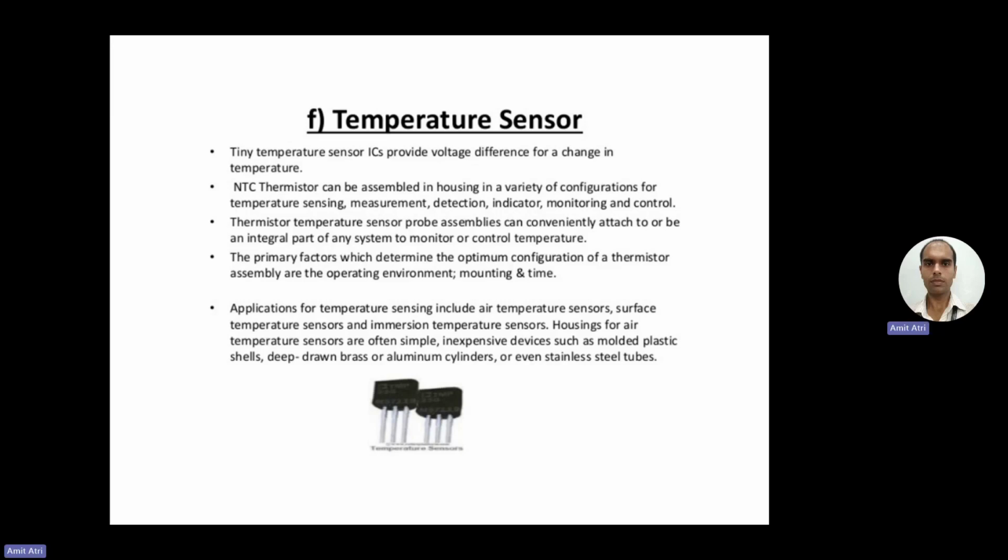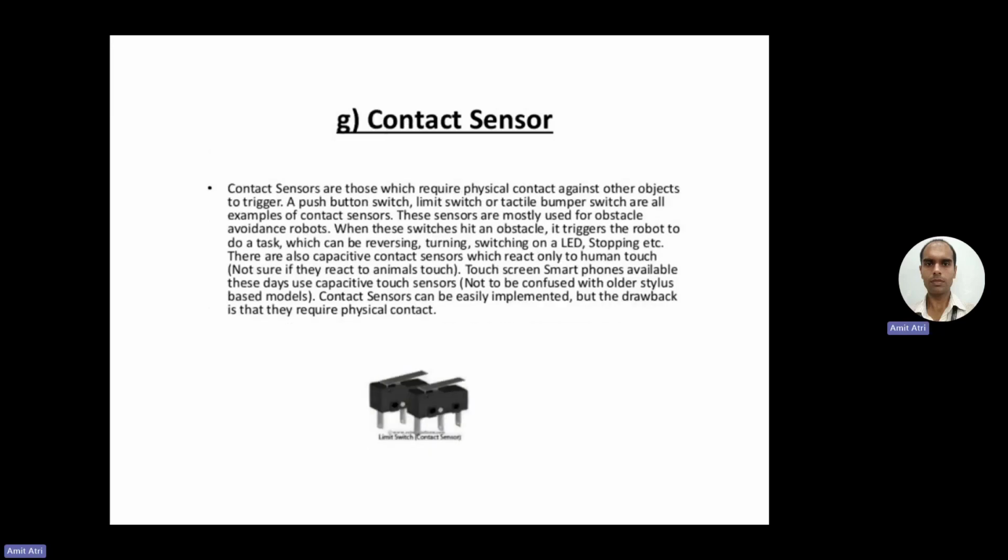Applications for temperature sensing include air temperature sensors, surface temperature sensors, and immersion temperature sensors. Housings for air temperature sensors are often simple, inexpensive devices such as molded plastic shells, deep drawn brass or aluminum cylinders, or even stainless steel tubes. So here we are using this type of temperature sensor.